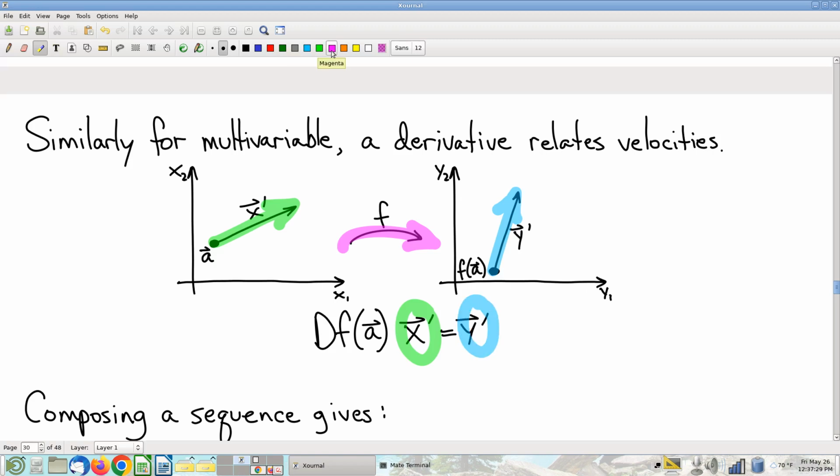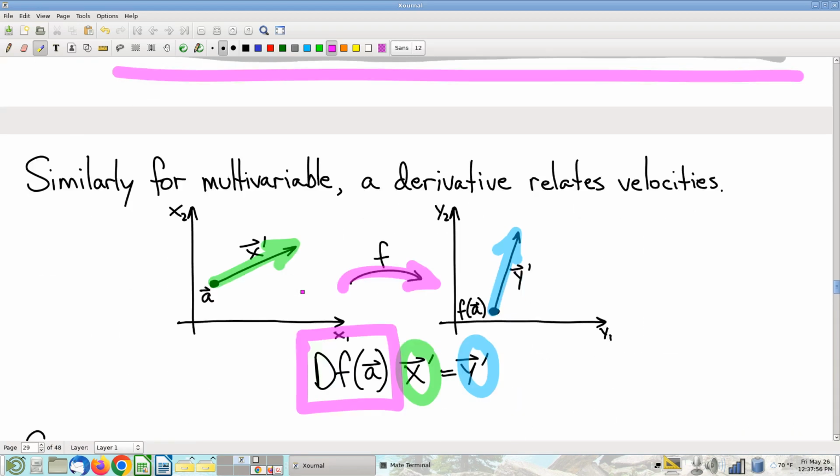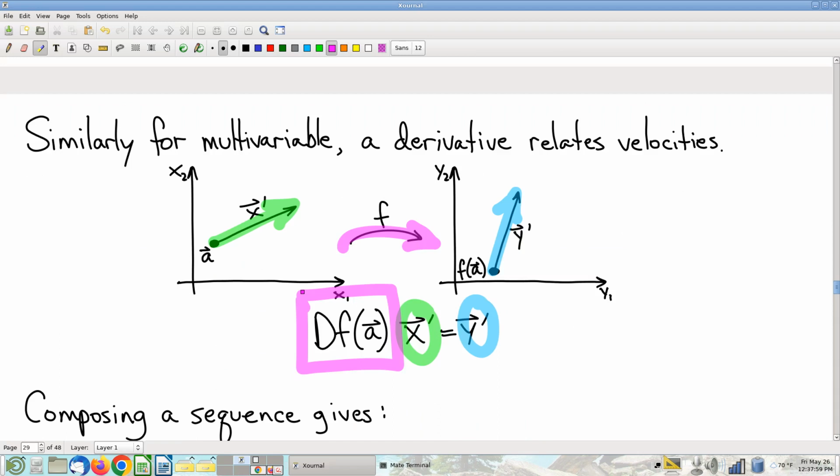The answer is that the thing you do to the input velocity is you multiply by the derivative matrix. Just as a reminder, this is morally equivalent to the point of view that we took on single variable derivatives: the derivative is the thing you multiply by input velocity to get output velocity. Purple times green equals blue, if you like. Everybody good?